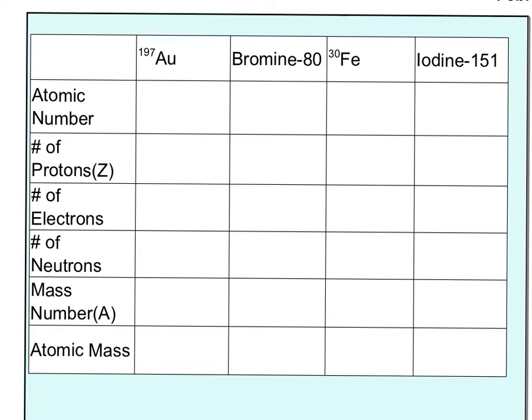So the first one we have here is Au, which is gold. The atomic number for gold is 79. Had to look at my periodic table here. It's that whole number. So the protons is 79. Remember, these are always the same. Number of electrons. There's nothing in this notation communicating a charge to me, no positive or negative, so I assume it is neutral. So therefore, there's 79 protons, 79 electrons. Now the neutrons is where it changes up.